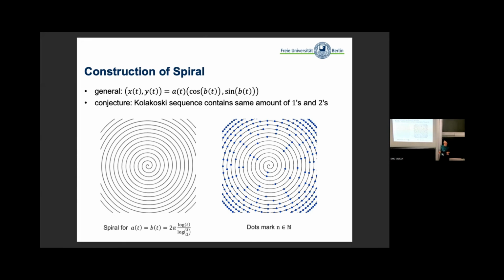There is some, so he's a computer scientist. There is some proof showing, okay, we have something that is very close to 1/2, but it's not proven that it's really 1/2.